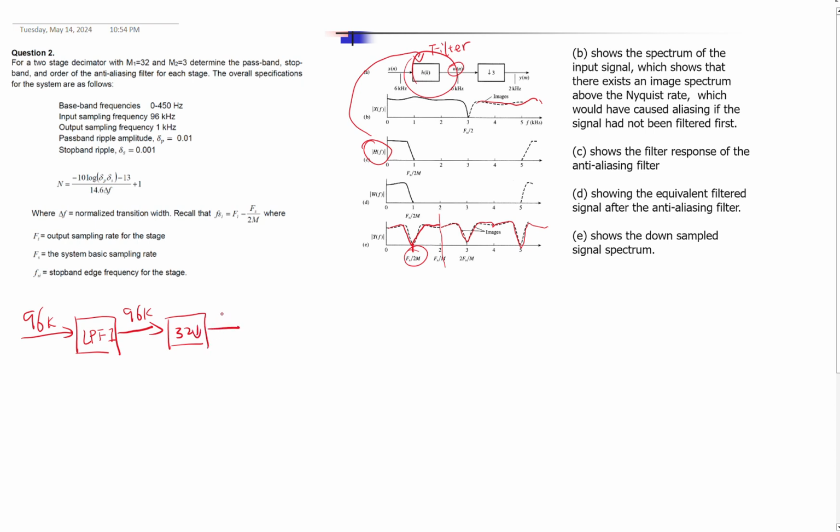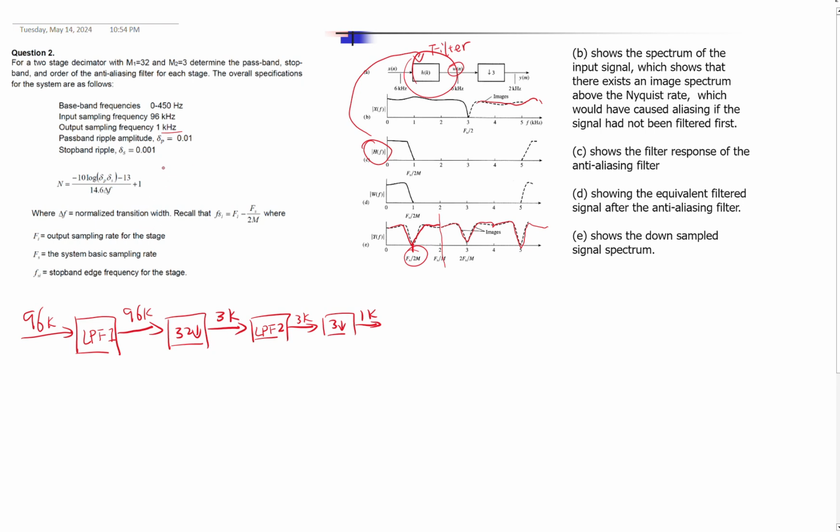After this first stage it becomes 3K, 32 times smaller. Then we need another low pass filter, or anti-aliasing filter. It's still 3K, then we do another decimation, and it finally becomes 1K. That's the output.